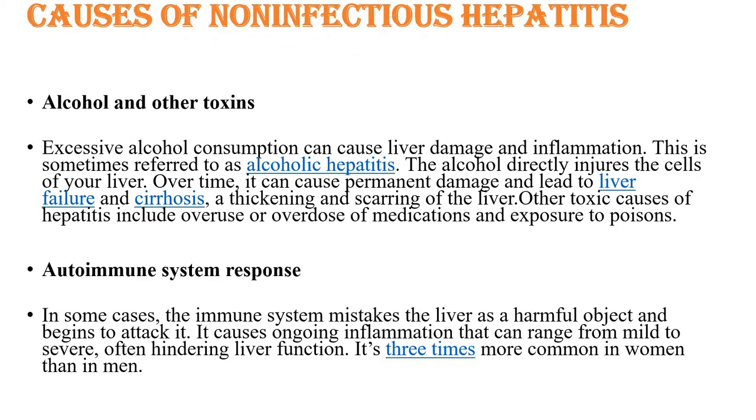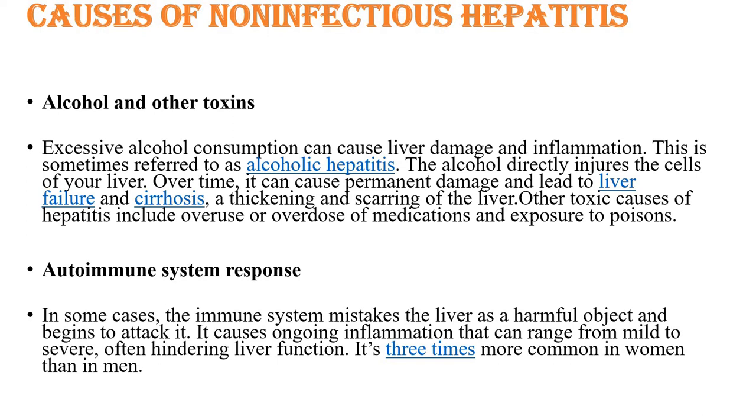Now the causes of non-infectious hepatitis: alcohol and other toxins. Excessive alcohol consumption can cause liver damage and inflammation of the liver. This is sometimes referred to as alcoholic hepatitis. The alcohol directly injures hepatic cells.